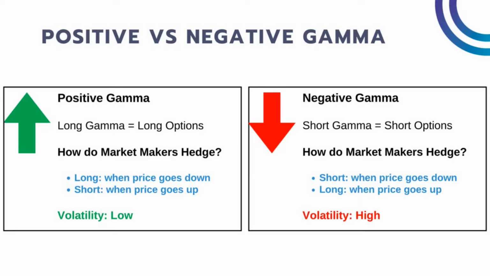And as you can imagine, if the price were to drop, this creates more volatility in the market. And when we are in negative gamma, we can expect large price swings during the day. But that doesn't mean that the price will just dramatically drop. It means that you would see very big swings throughout the day that could be on the upside or the downside, but very, very strong moves.